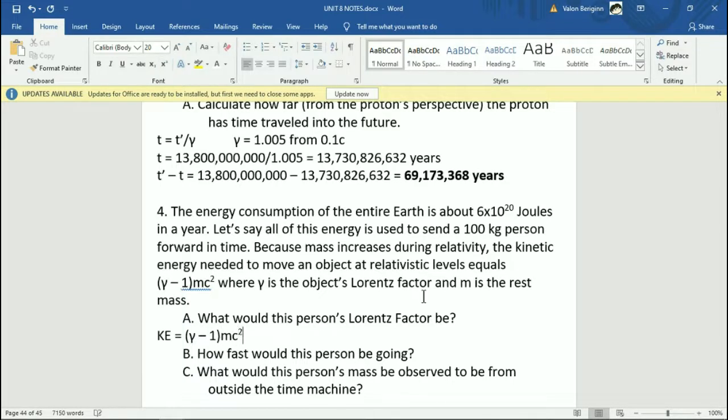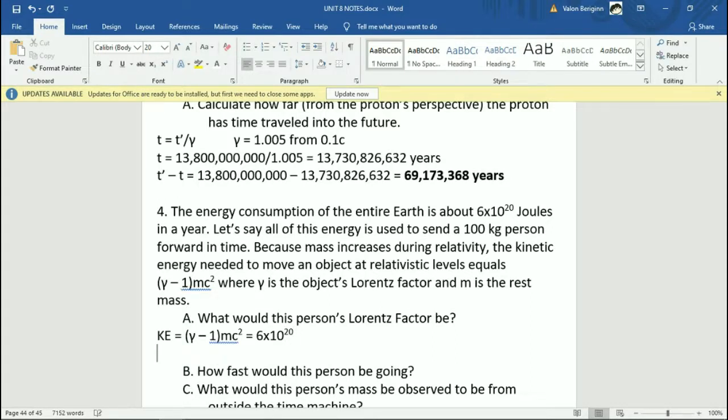is this here, and I'm solving for gamma. So, because I have that this number equals 6 times 10 to the 20. That's my kinetic energy. So, what other numbers do I have here? I have gamma minus 1 times 100, that's the mass I have, times c squared, okay, and that equals 6 times 10 to the 20.